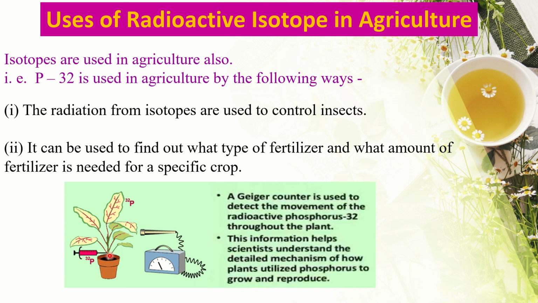Look, here on the root, phosphorus 32 is injected and there is a counter that is used for determining the growth of the plant and also the type and amount of fertilizer needed for this crop.